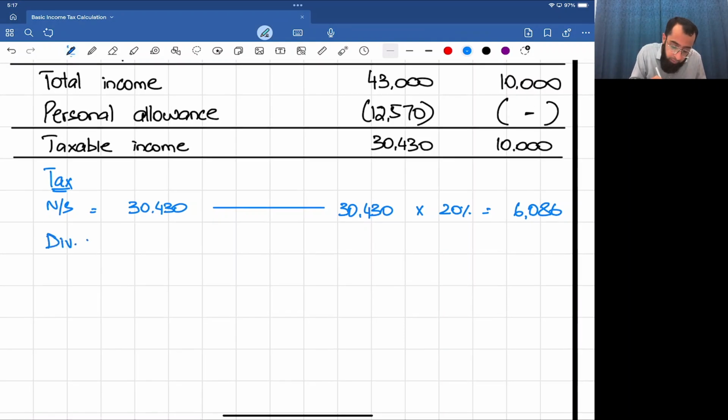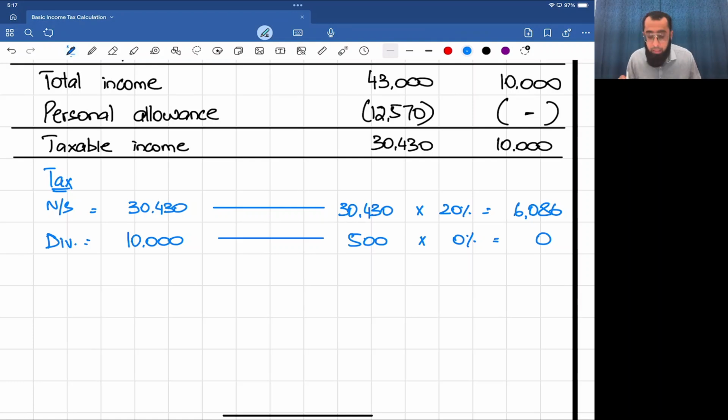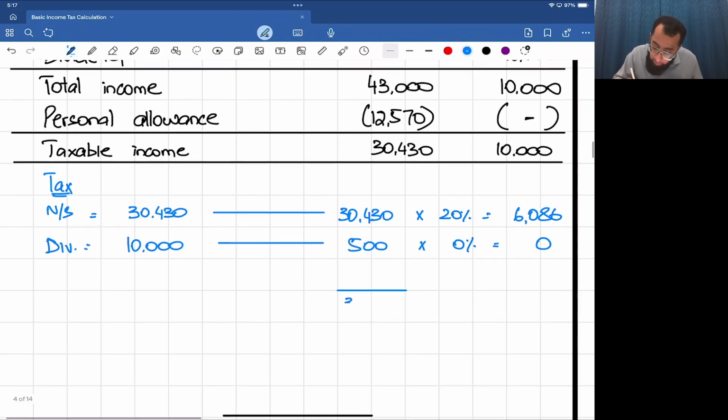Okay. Now comes the dividend income. So your dividend income is 10,000. First 500 pounds of dividend income are always taxed at 0%. So here you go. Now let's look at the basic rate band. I want you all to listen to me carefully. Your basic rate band is still 37,700.